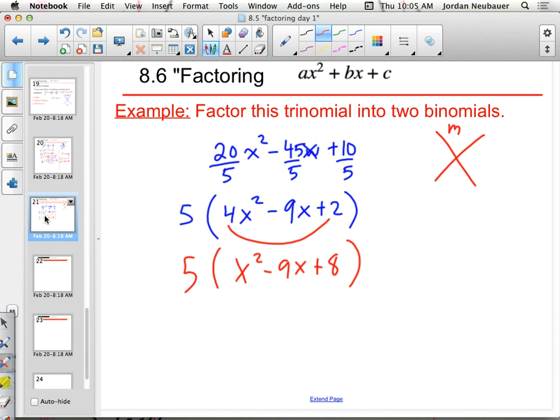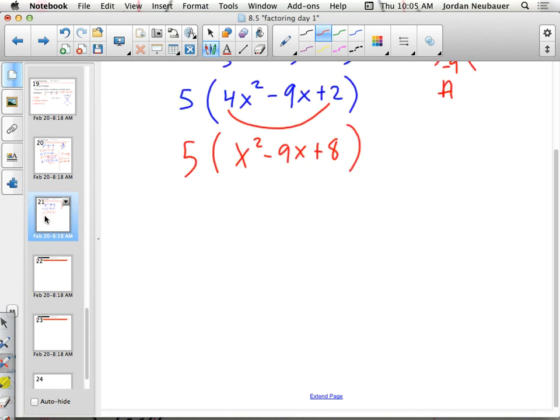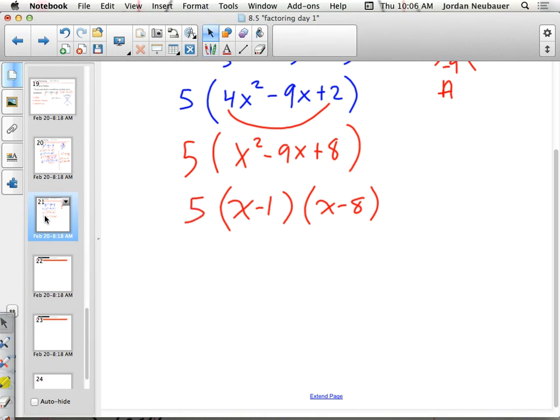We need something that multiplies to 8, that adds to a negative 9. Here, it could be two negative numbers. I'm thinking negative and a negative, and I want to say 1 and 8 will work nicely for that. So we'll go x minus 1, and x minus 8 is the factored form of the expression here. With the 5 out front, don't forget about the 5.